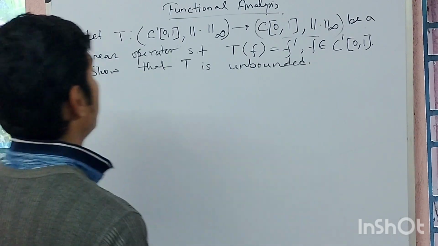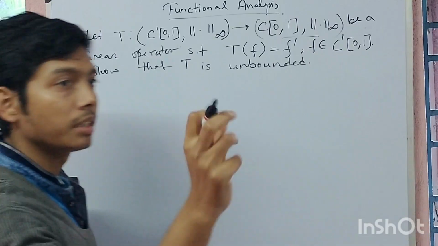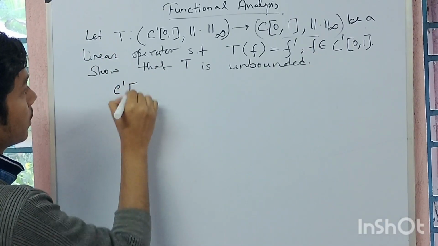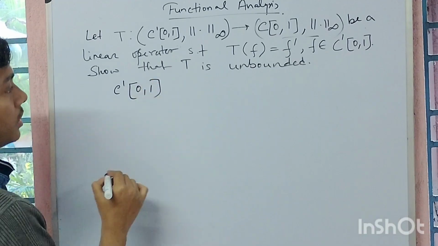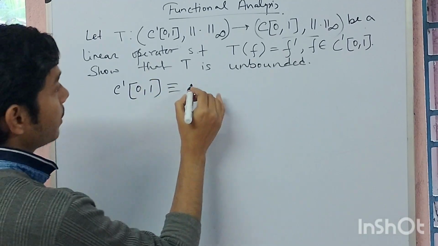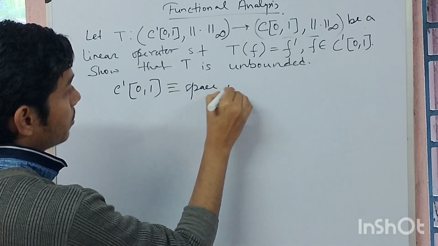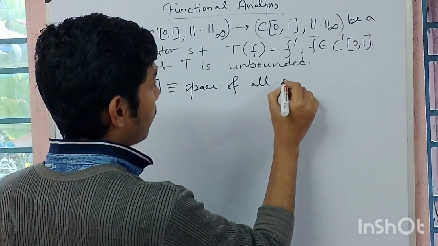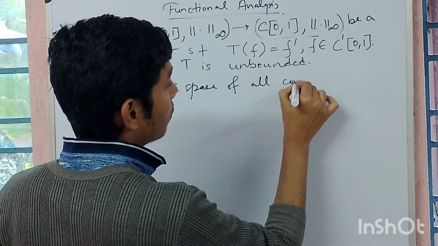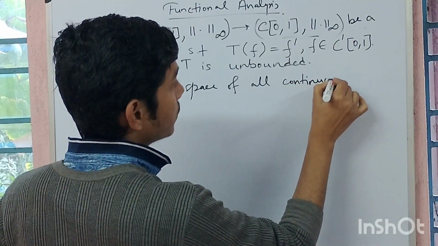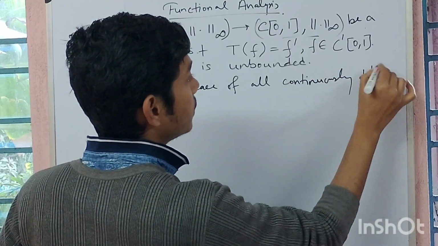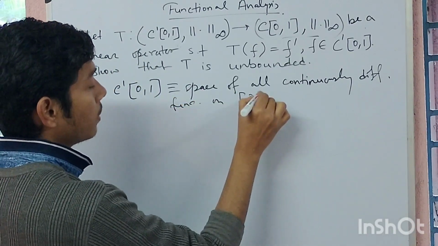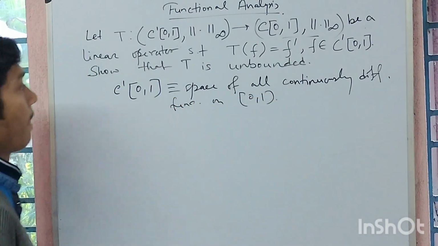Okay. Now, first of all, I am discussing a few small things. What is the C^1[0,1] space? The C^1[0,1] space is the space of all continuously differentiable functions on [0,1].